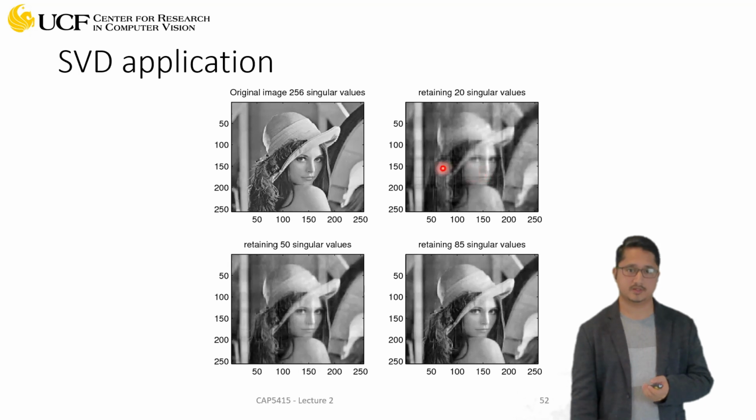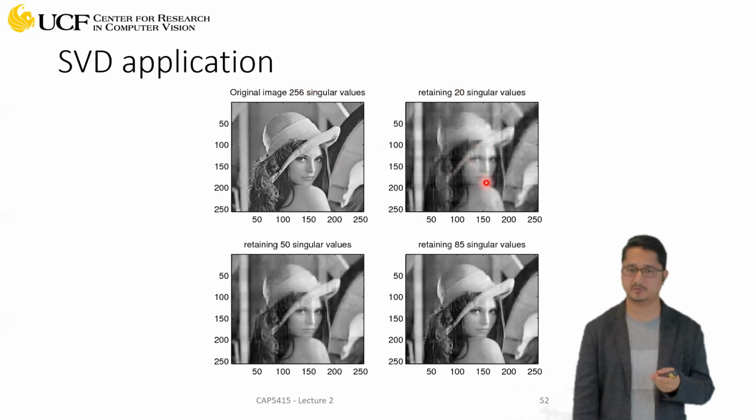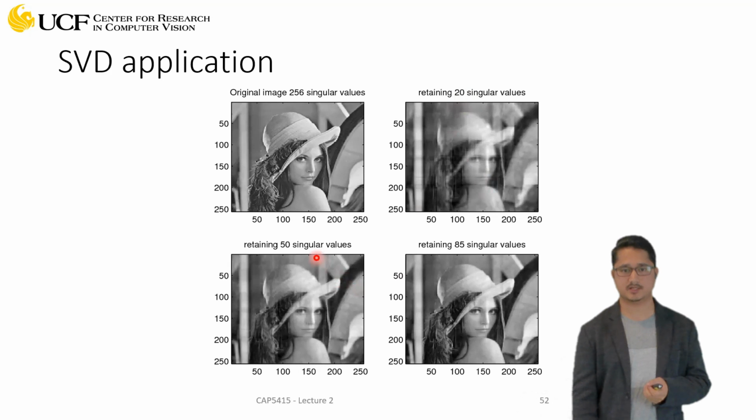Initially it had 256 different vectors, but just using 20 gives you this kind of reconstruction, which means that most of the information about this image was captured by those vectors we extracted. And of course, if you keep increasing that, the quality will improve. There is some loss of information, but if you go all the way up to 85, you can see that it's a very minor drop in performance when you compare to this.